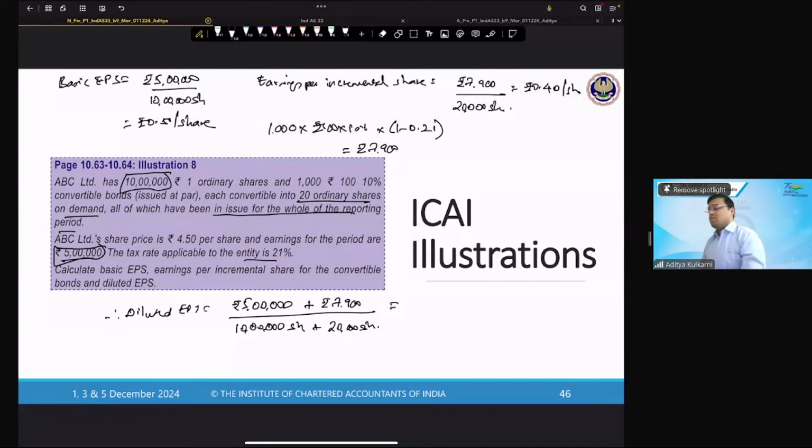So that will come to 5,07,900 divided by 10,20,000 per share. Is it okay? Yes. So compare this with this. Is it dilutive? Yes, sir. So this will be your reported number. Okay.